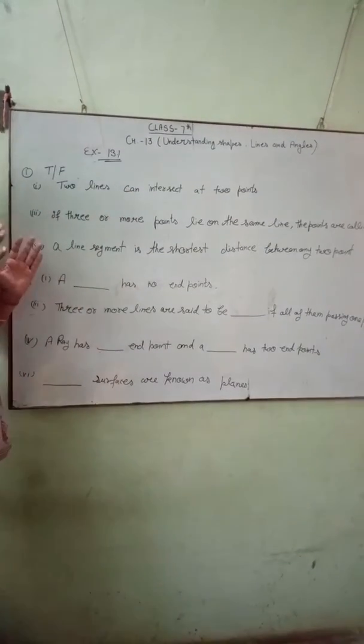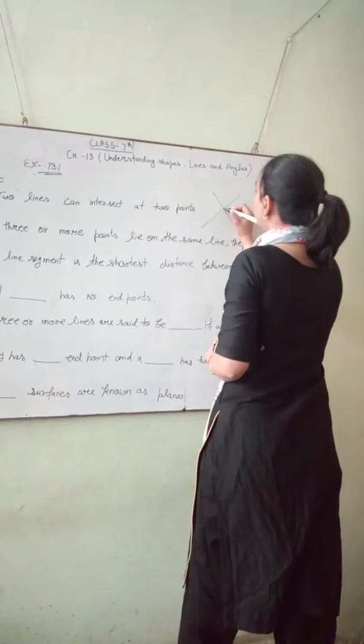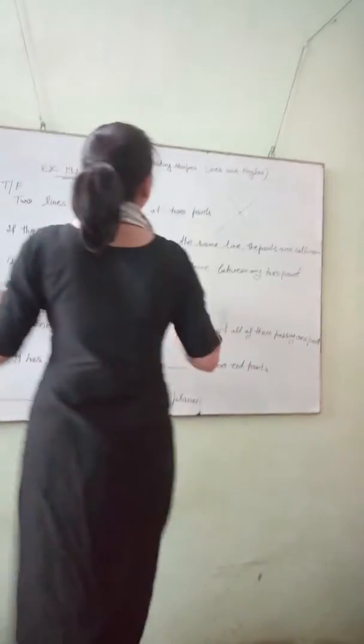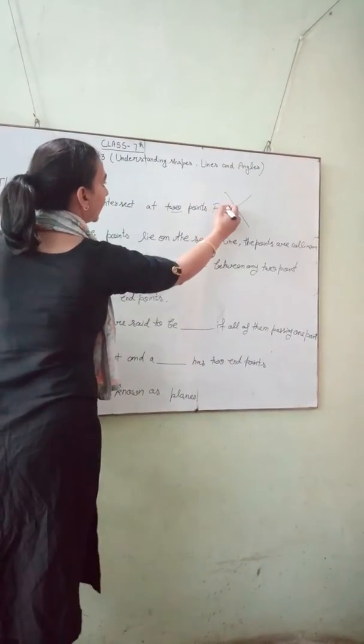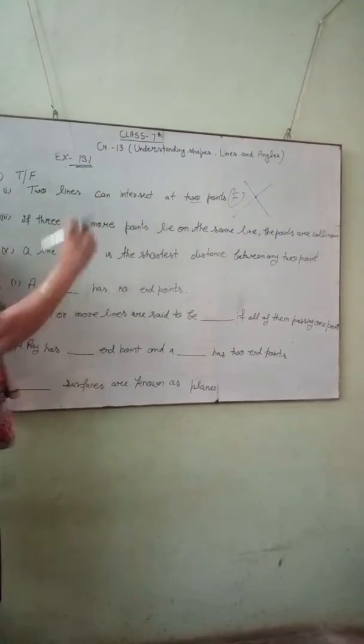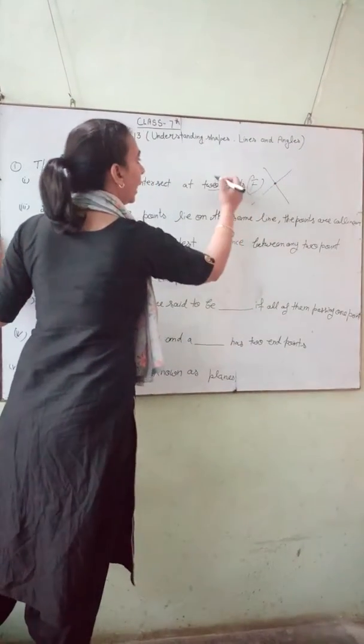No, students, two lines intersect at only 1 point, not 2 points. Then the first statement is false. Two lines intersect each other at only one single point, not 2 points.